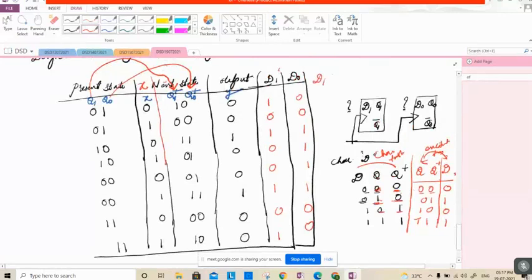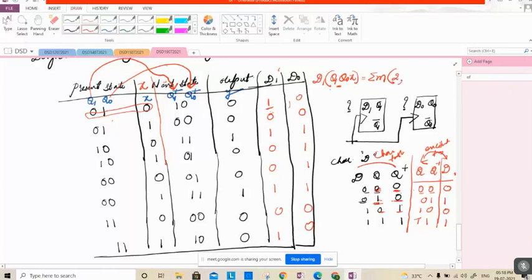D1, which is a function of Q1, Q0, X, is equal to sigma m of the minterms. What are the minterms for D1? This is one particular minterm, 0, 1, 0. It is 2, right?